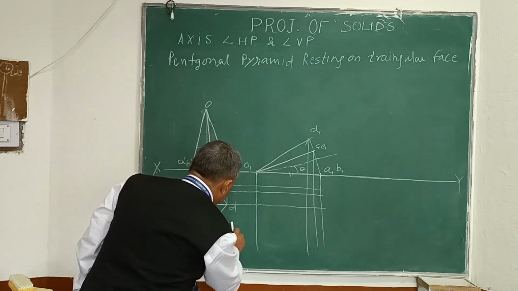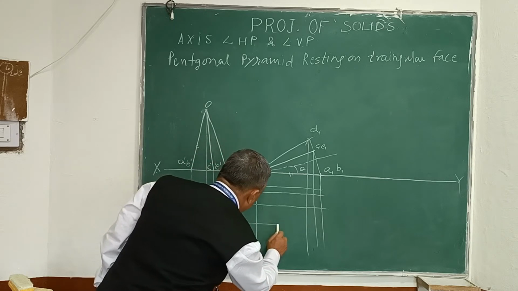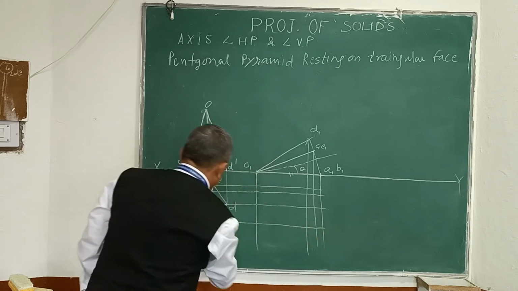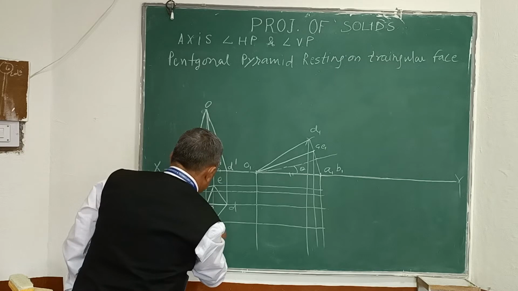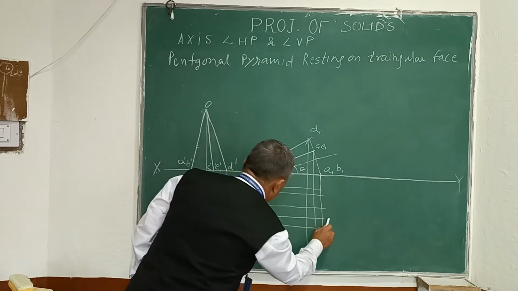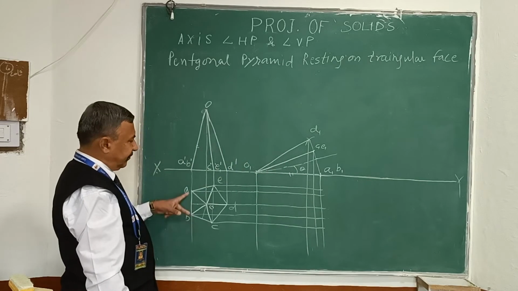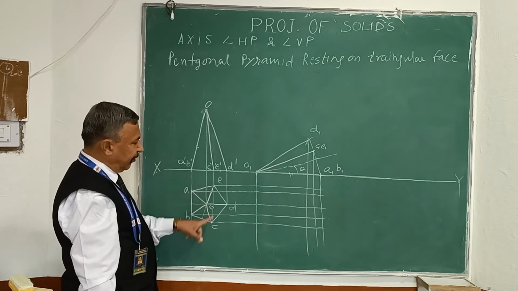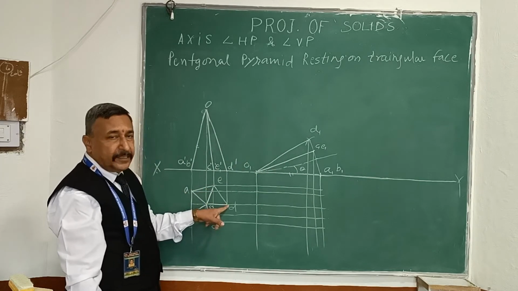This gives you intersection points. This is the locus from these 2 points, from this point and from this point.